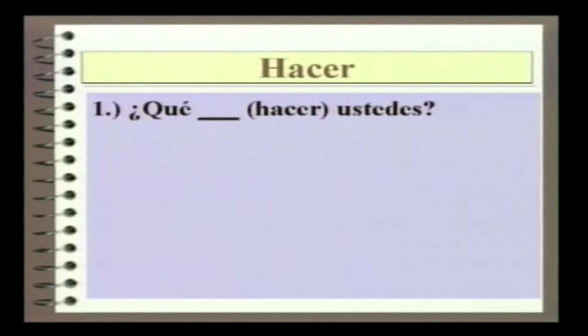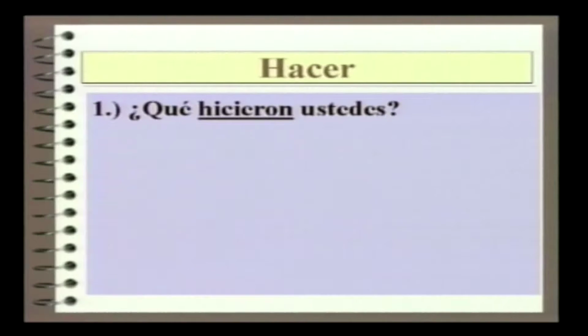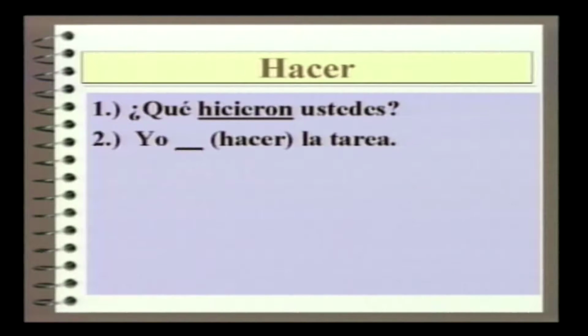Let's practice with some examples using hacer in the preterite tense. Número 1. ¿Qué blank ustedes? Now, ustedes is the clue, third person plural, hicieron. Hicieron, remember? Number 2, número 2.